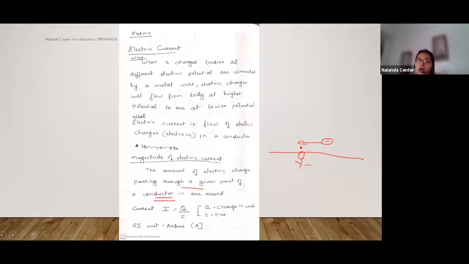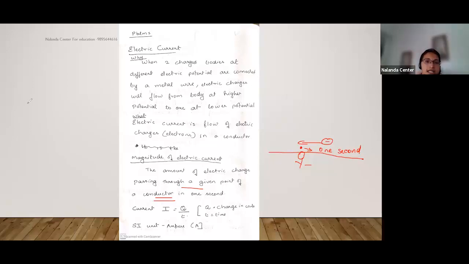The amount of electric charge which is passing through a given point in a unit time, which we can call 1 second. So I am counting how many electrons are passing through this point in 1 second. That gives the rate of flow of electric charge. This rate of flow of electric charge is known as current.